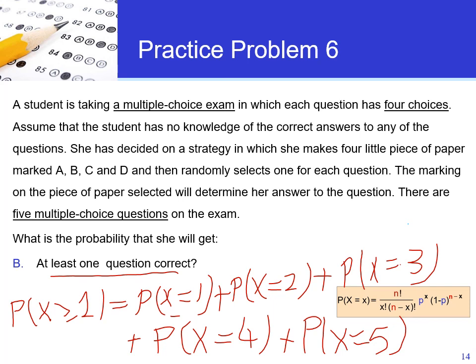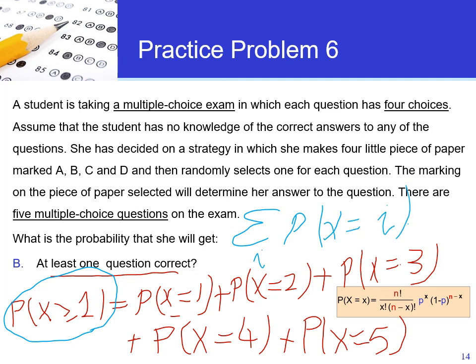The simpler way, the shortcut, is for the probability that X is greater than or equal to 1. We know that the summation of all the probabilities is equal to 1, right? The summation of the probability for X equal to i, for i equal to 0, 1, 2, 3, 4, 5, is all equal to 1. So we can actually use the complement rule to find this.